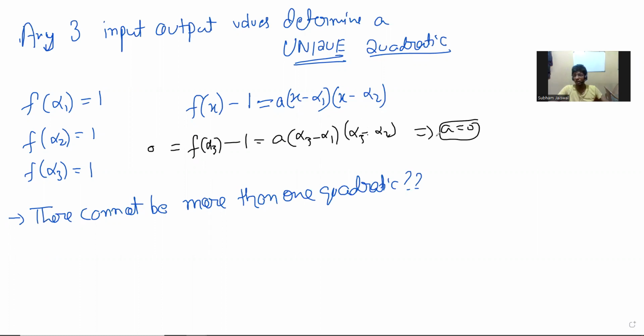But A cannot be 0. If A is 0, then the whole thing is 0. It's finished. A should not be 0, but then A is 0. So what does that mean? It means that this is 0. So what does that mean? It means that fx is not a quadratic, it's just 1. I mean, it means fx is always 1 for any value.